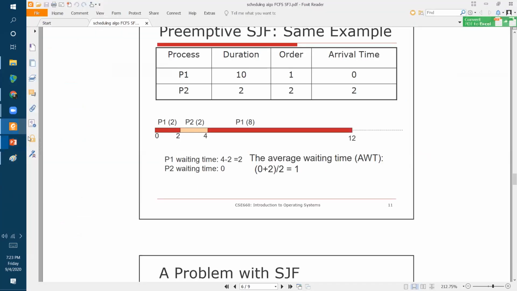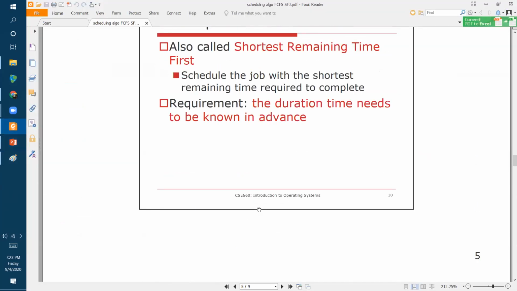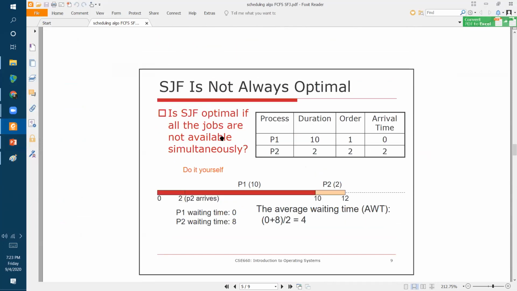Here is a PDF with the average times. When the arrival times are different and we use non-preemptive SJF, the Gantt chart will be like this, our first one actually.